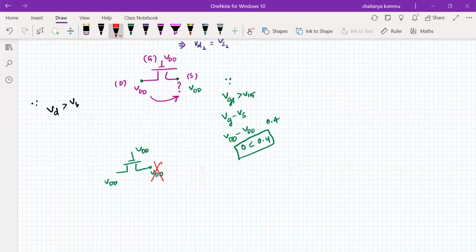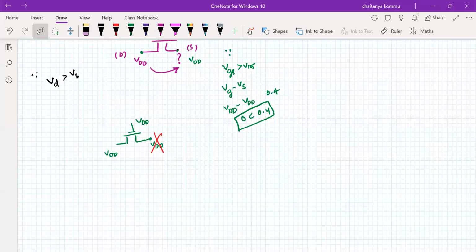So what is the maximum value that we will get here? The condition for the transistor to be on is that VGS is greater than the threshold voltage. What is the maximum source voltage?